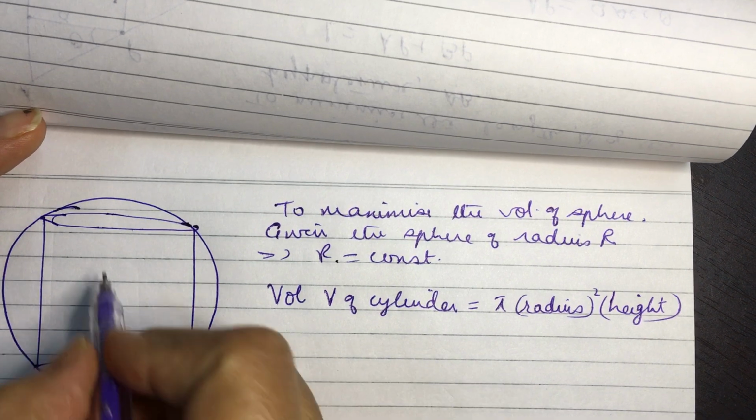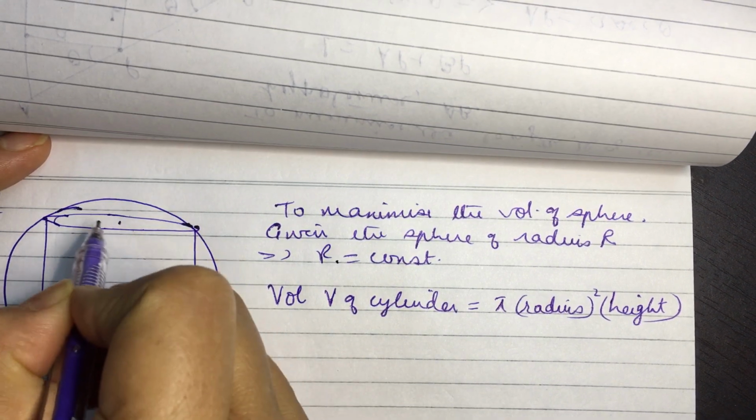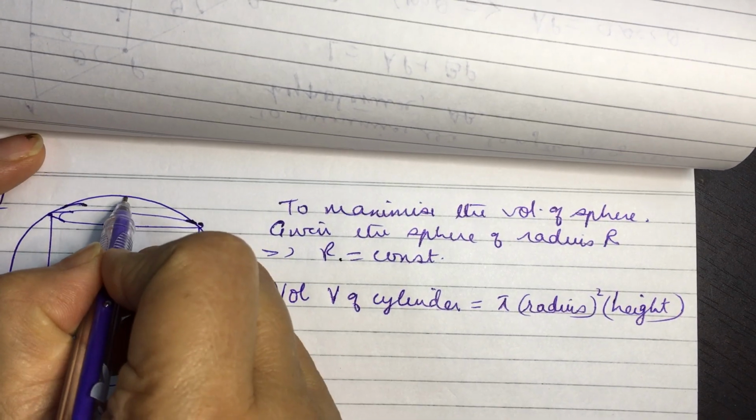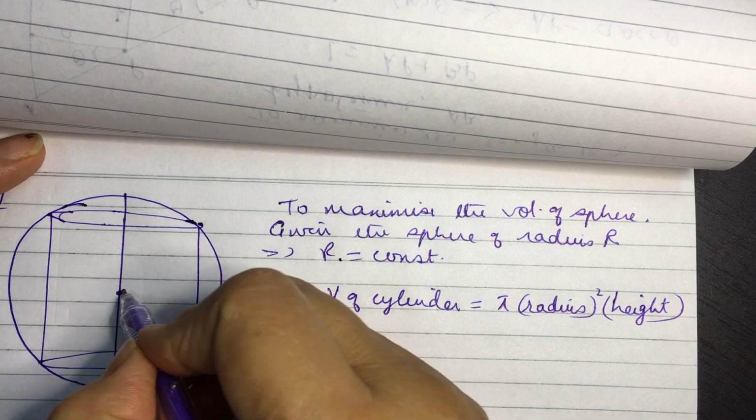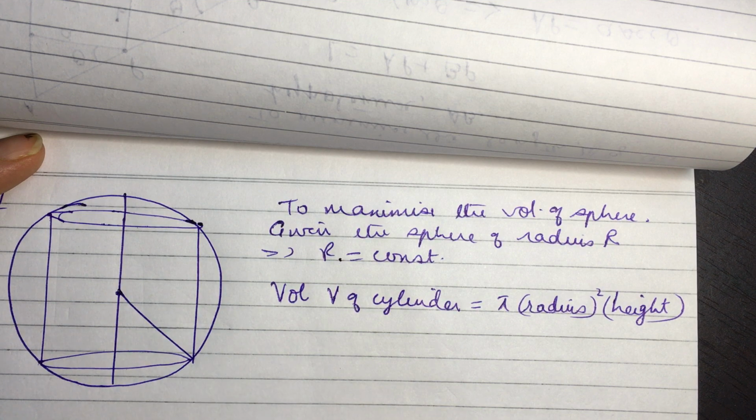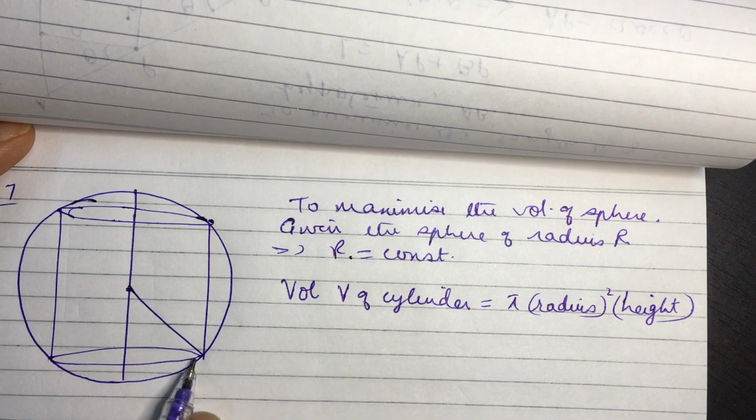So let's see. Now let's draw a diameter like this, and this is the center, and join this radius to the end point of the cylinder.